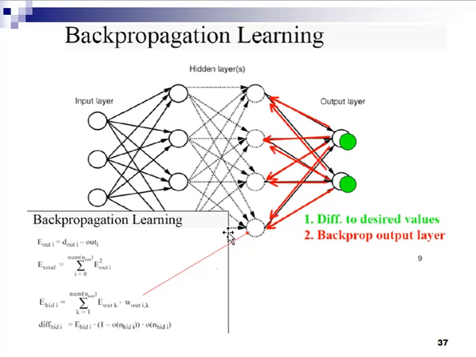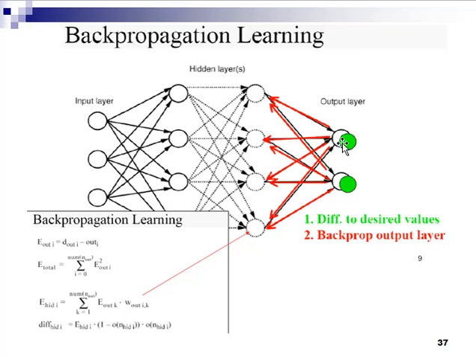Now how is this error being transported? So again, look at this network which we discussed earlier, and you can see that it is a fully connected network in which each neuron is connected to its preceding neurons in a fully connected manner. Now here this green circle shows the difference to the desired values, right?